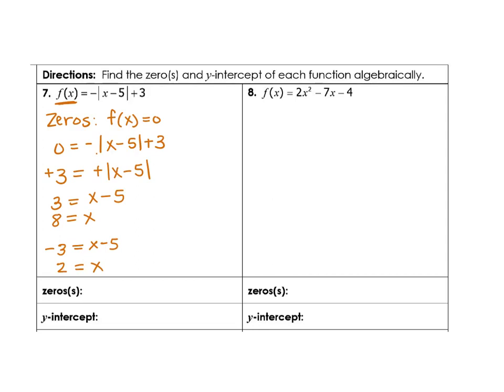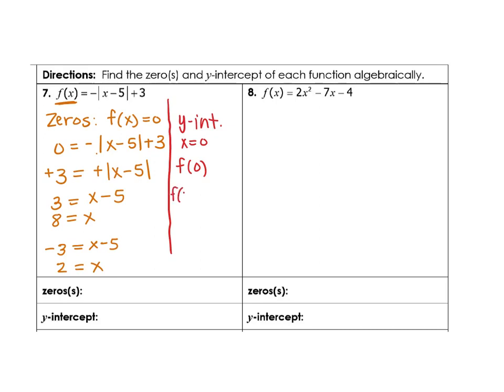So we've found our two zeros, but now we also need to go back and find our y-intercept. The y-intercept is usually pretty easy to find. So I'm just going to put a line through here. The y-intercept, this is where we let x equal 0, or we say we're finding f at 0. That's a better notation.